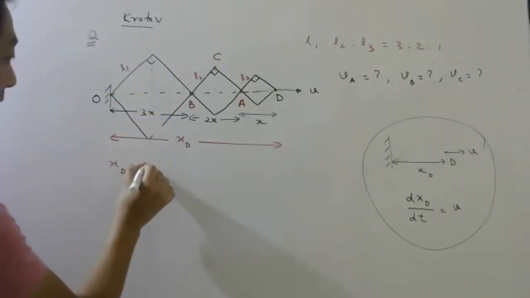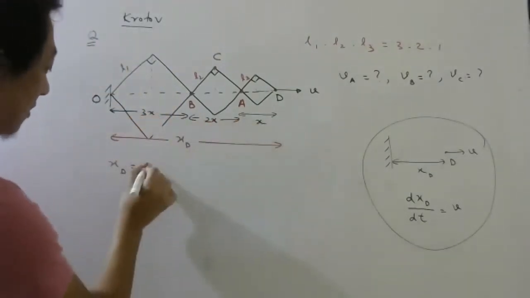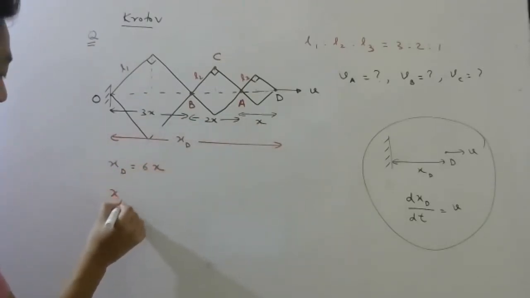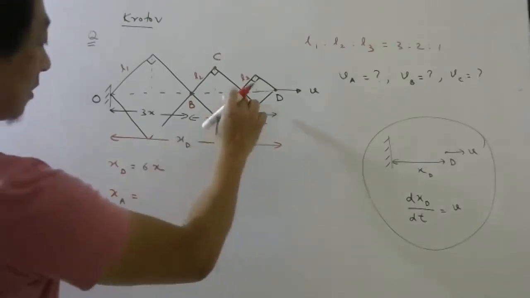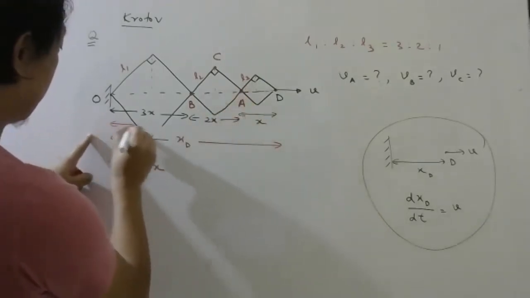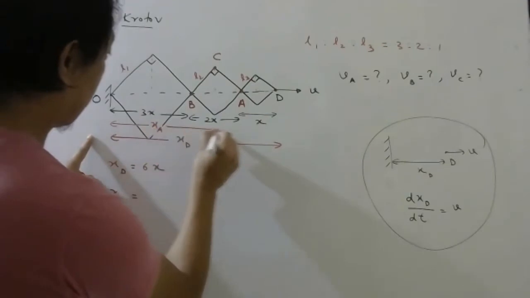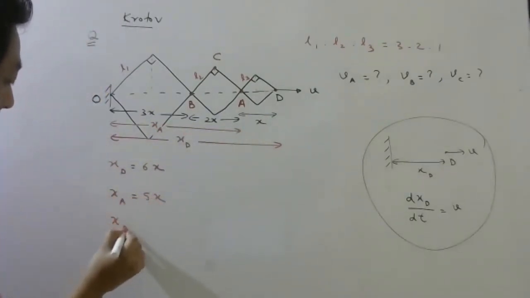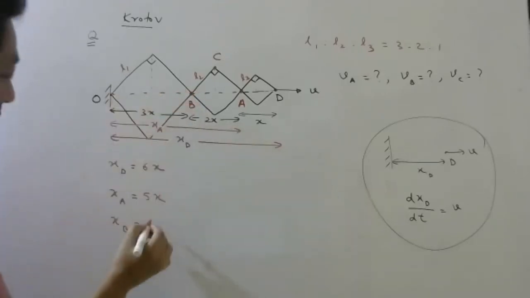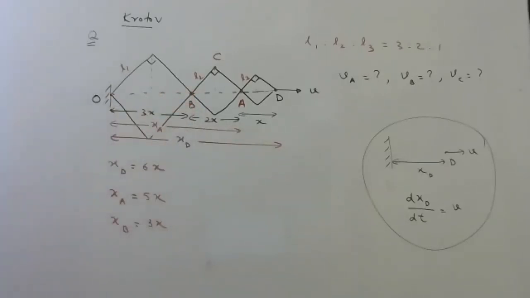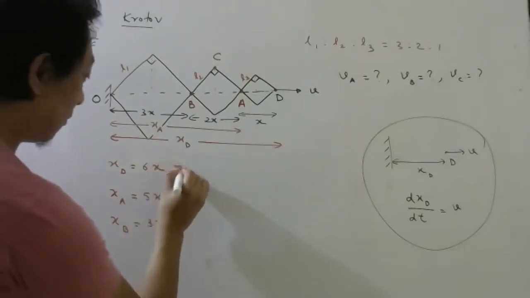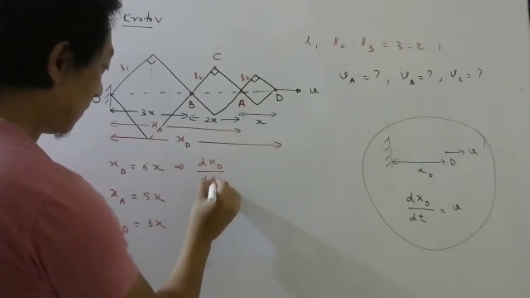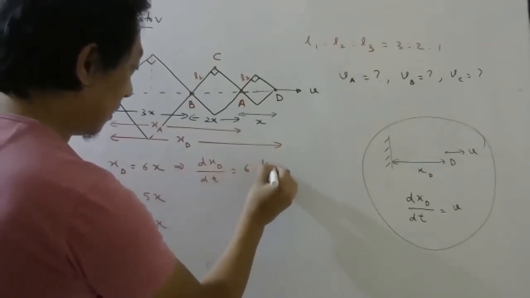So xD will be 3 plus 2, 5, plus 1, 6x. What about xA? xA means this distance. That will be 5x. And what about xB? xB will be this distance, 3x.